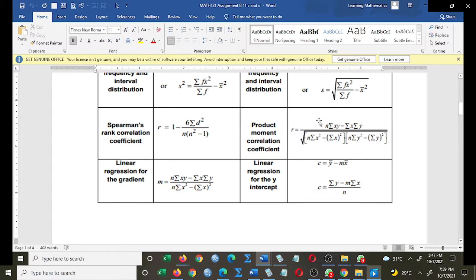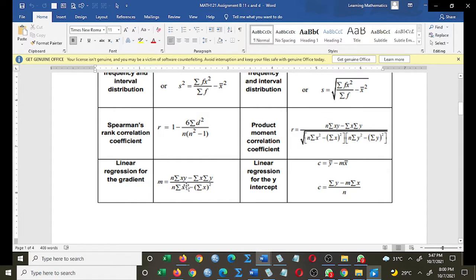Spearman's, we are going to do, we do Pearson's. Now we are in linear regression for gradient. So this is the formula for gradient, and this is the formula for the y-intercept. So part E is asking us for the gradient and the y-intercept.